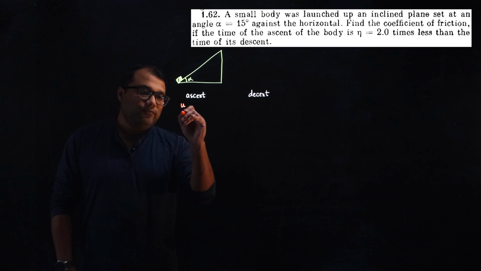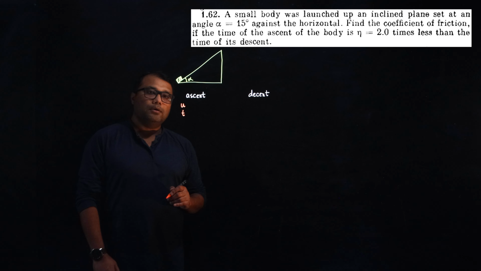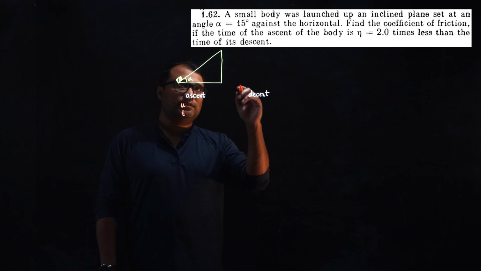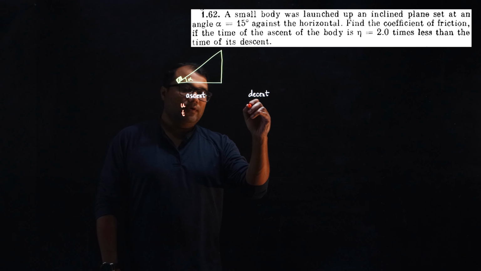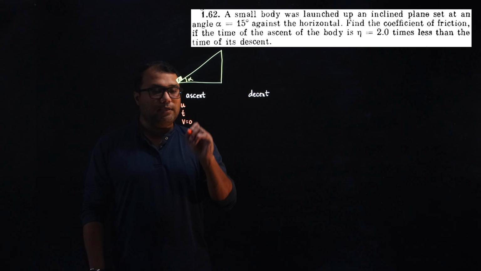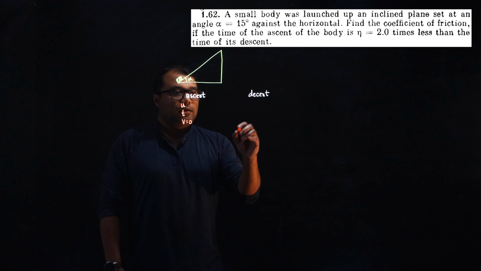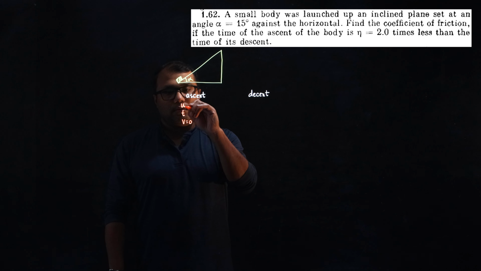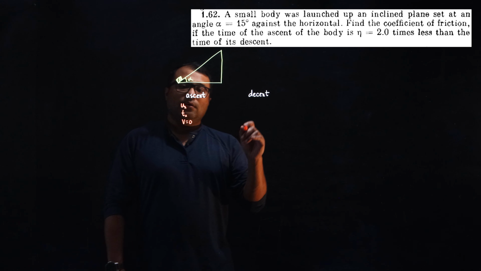Let's say the time of ascent is t. In the ascent, the final velocity is 0, and the initial velocity I'll write as UA.